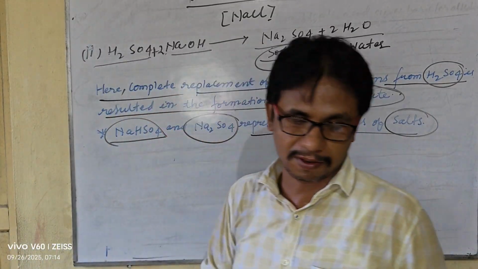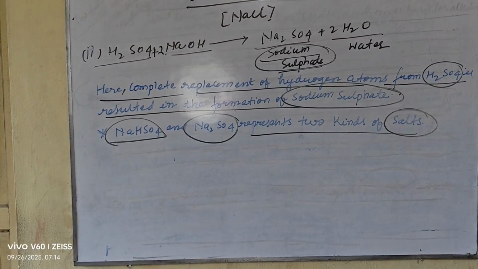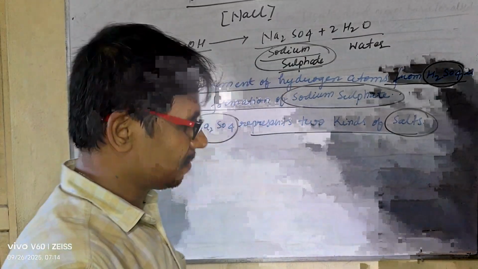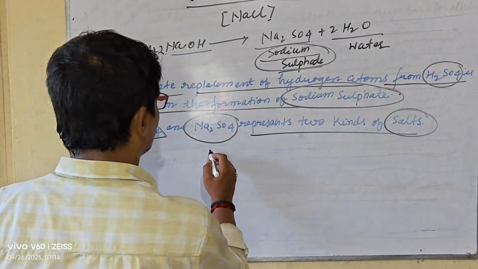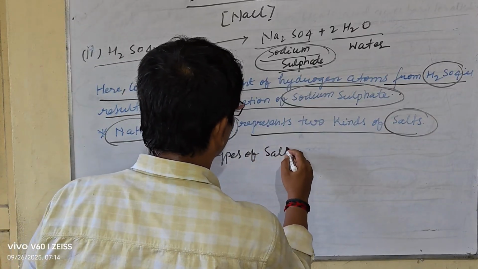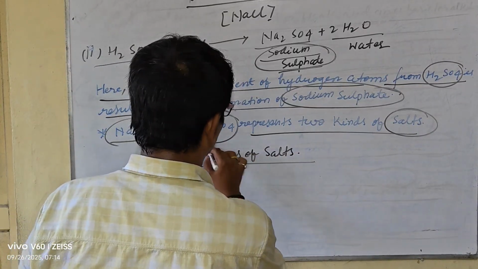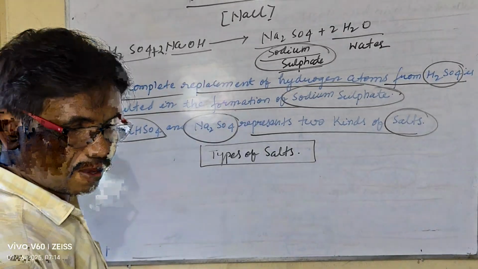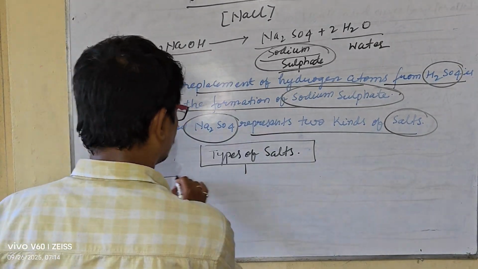So this is all about the common salt also. And my dear student, in the next class we will read the types of salt. The types of salts are normal salt, acid salt, basic salt, and double salt.